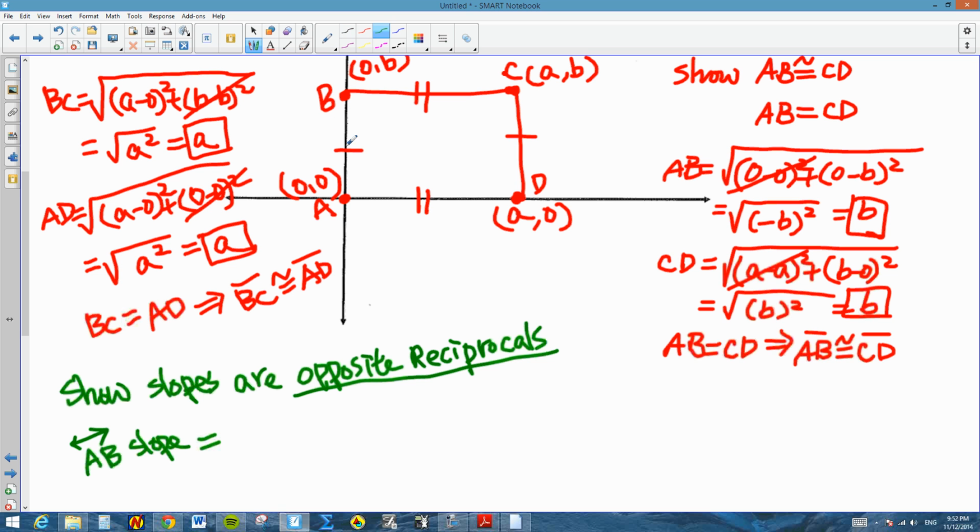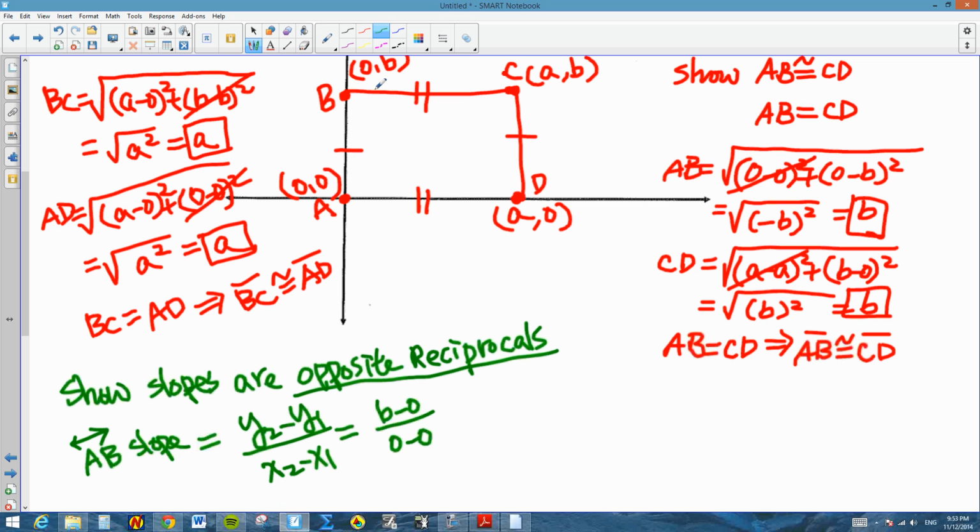We know that AB is a vertical line, so the slope is y2 minus y1 over x2 minus x1, which is b minus 0 over 0 minus 0.